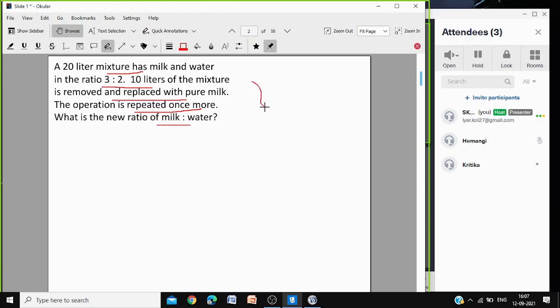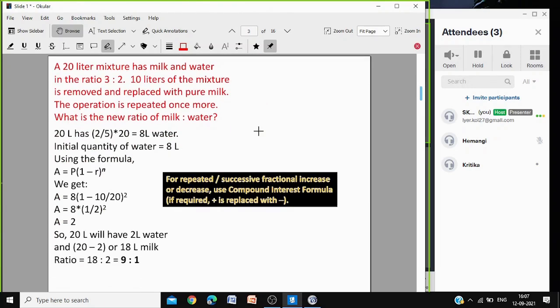Whenever this type of question comes, you always employ what we call the compound interest formula. It is the compound interest formula, only instead of plus, we have made it minus. In interest it is plus, so we have made it minus. And we are not writing R by 100 because it is not a percentage, it's a fraction. It could be any fraction: 1 by 5, 2 by 3.